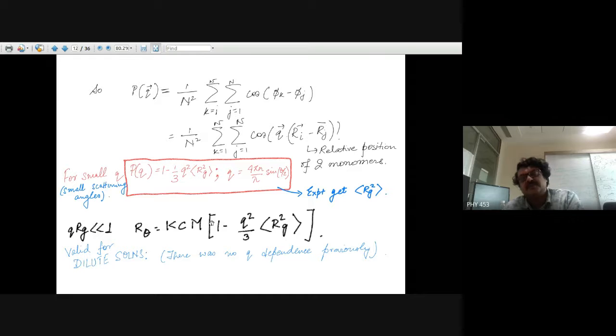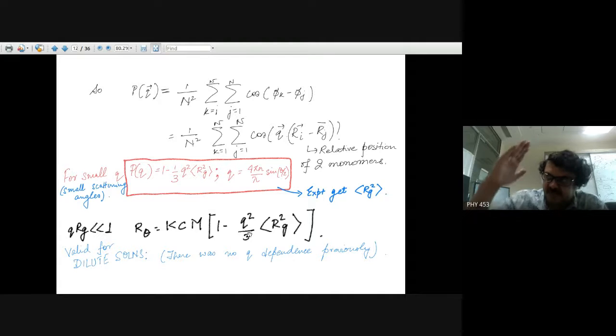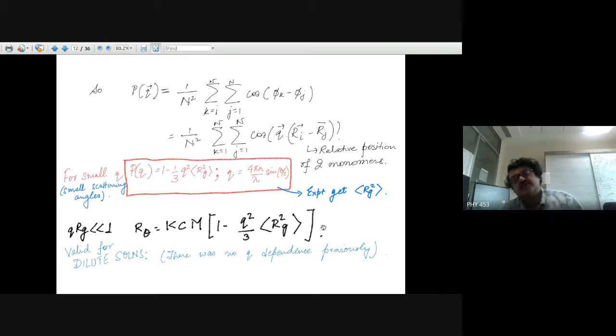If there's a curve, then the intercept will give you an idea of the molecular weight, whereas the slope of R theta versus q square, you're changing the angle of the detector, hence you're changing q. The slope of R theta versus q square, if you plot it, then the slope at small scattering angles and valid for dilute solutions will give you an estimate of the size of the polymer chain.